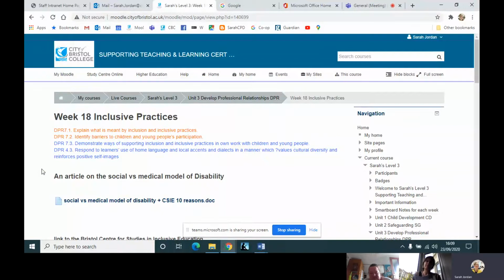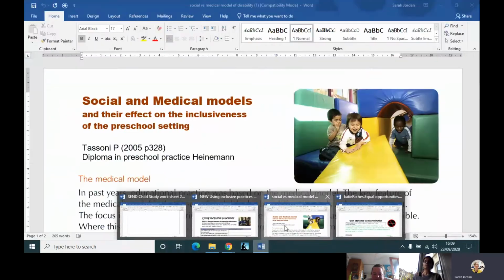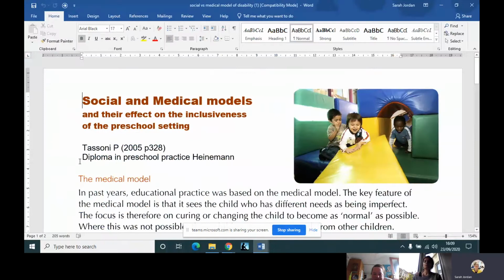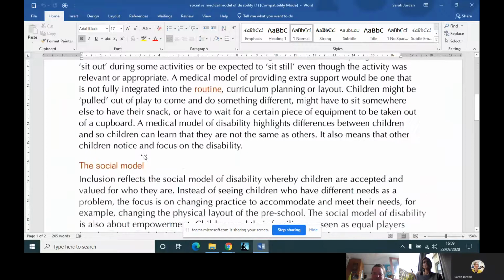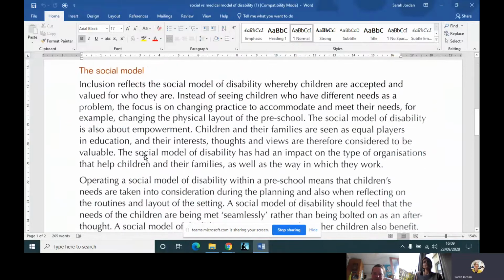So if you're looking at my screen with me, one of the things we looked at that was really useful is this social versus medical model of disability. So I'm going to click on that, and in fact I already opened it. Here's one I opened earlier. This is from Penny Tassoni's preschool childcare book, and it really clearly sets out the old-fashioned, out-of-date medical model, and then it explains the up-to-date social model of disability, which is the inclusion model.